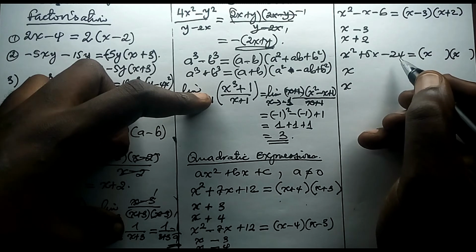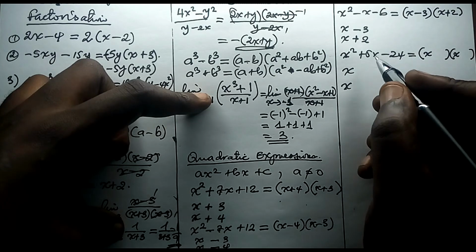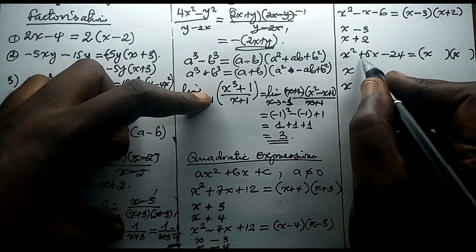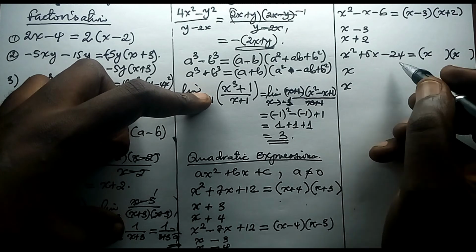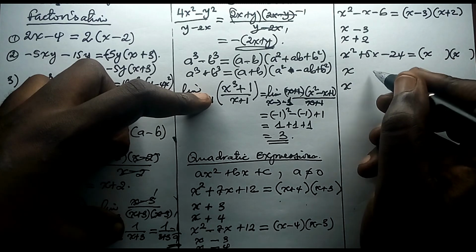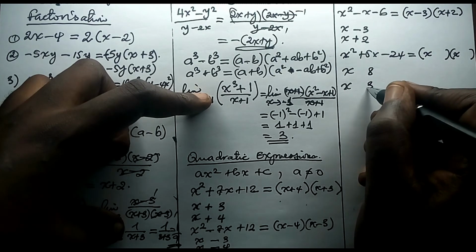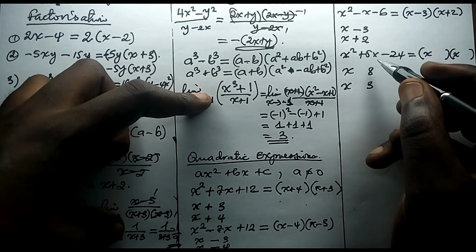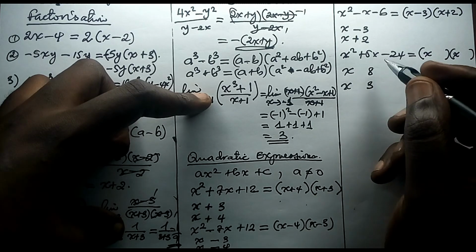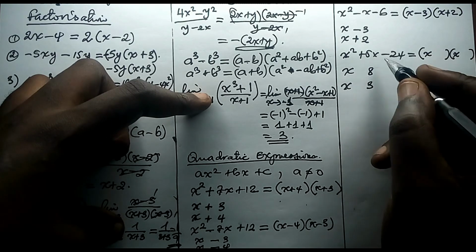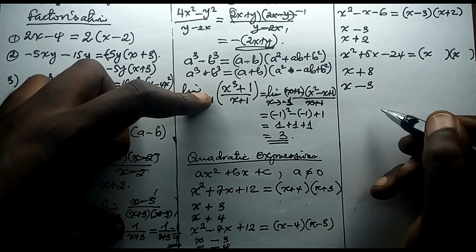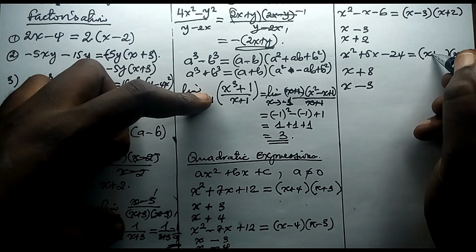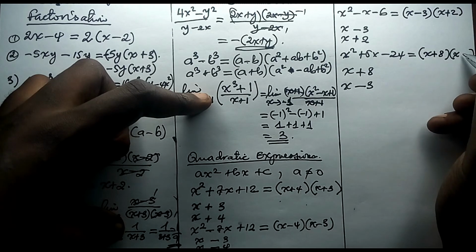And the sign that is in the middle would be taken by the bigger of the factors. The factors of 24 whose difference is 5 are 8 and 3. And for me to cross them and have positive 5 when I add, it means that 3 should be negative and 8 should be positive. So the factors will be x plus 8 and then x minus 3.